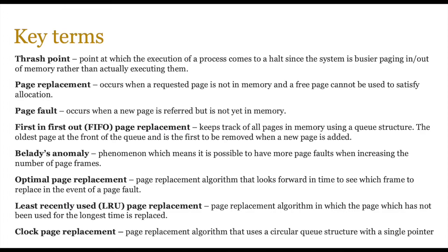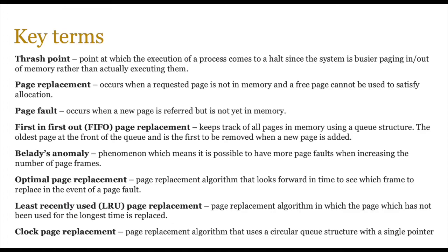that's when a page fault occurs. First in, first out page replacement is an algorithm that keeps track of all the pages in memory using a queue type structure. And the oldest page at the front of the queue is the first one to be removed when you want to add a new page. Belady's anomaly is a phenomenon which means it's possible to have more page faults when increasing the number of page frames.